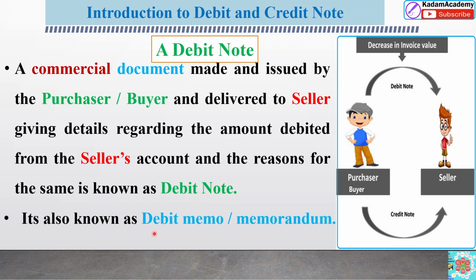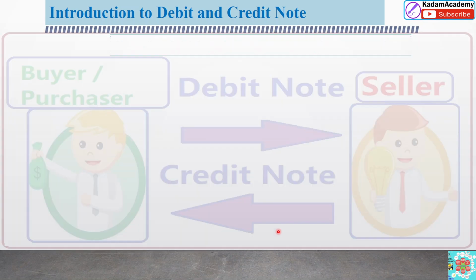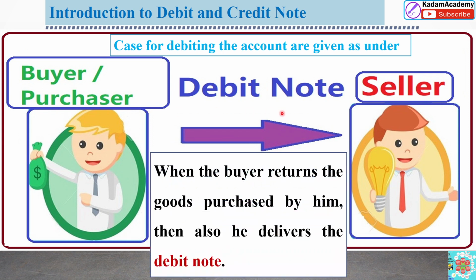It is also known as a debit memo or debit memorandum. It is a commercial document issued by the buyer to the seller as a means of formally requesting a credit note. The credit note is given by the seller to the buyer, and now the debit note is given by the buyer to the seller.